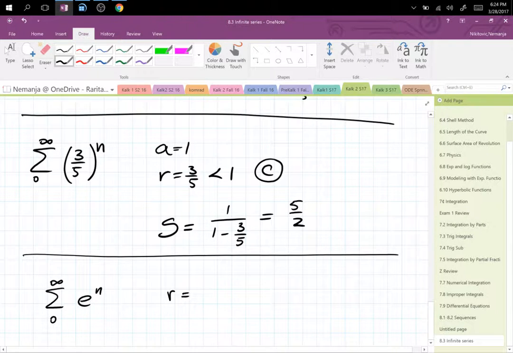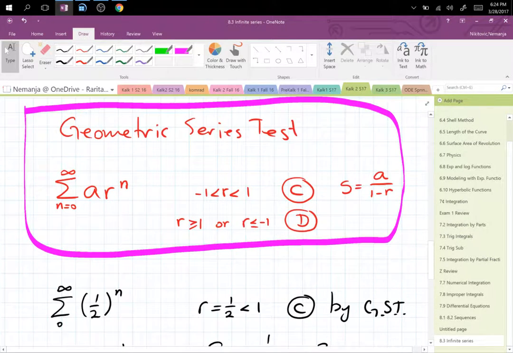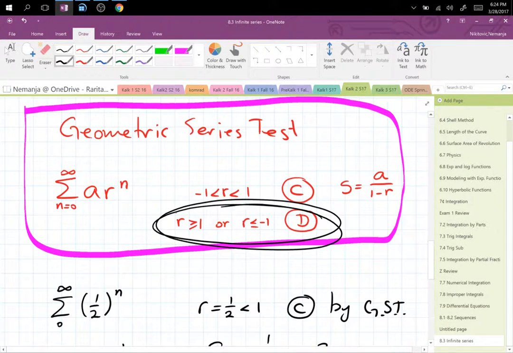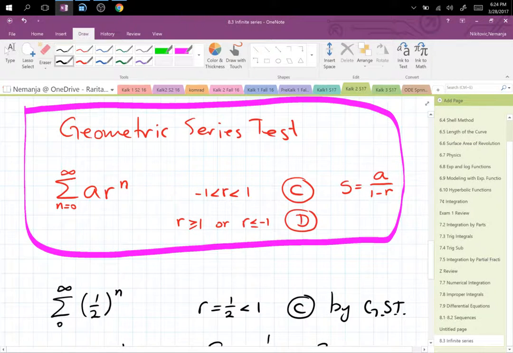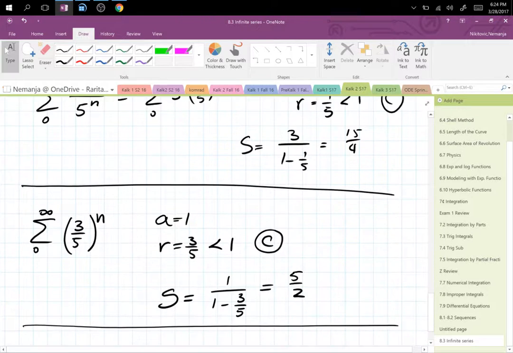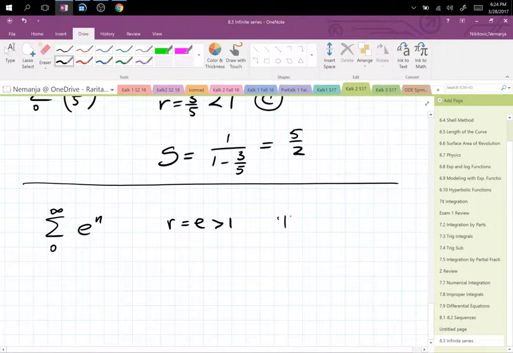So r is equal to e, which is bigger than 1. That falls into this category here, r bigger than 1. So it diverges. We don't get to compute the sum, obviously, because they do add to infinity. So summation of e to the n diverges.